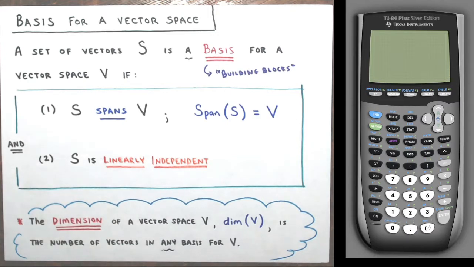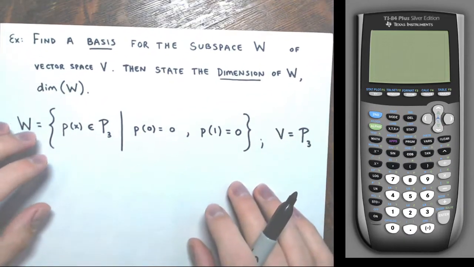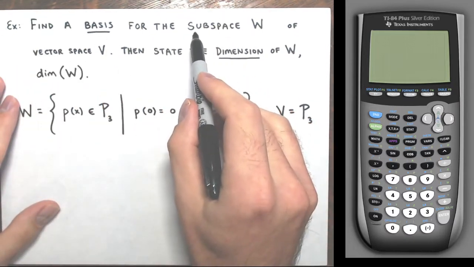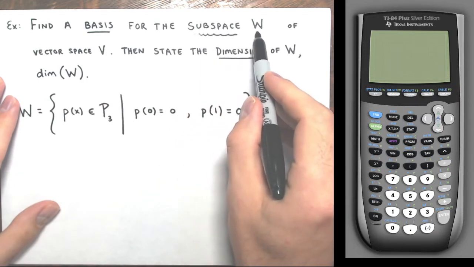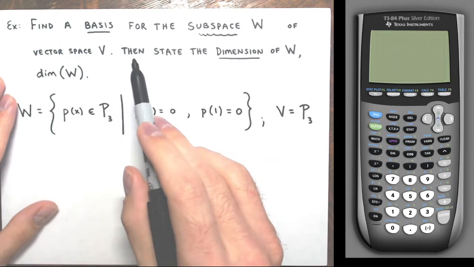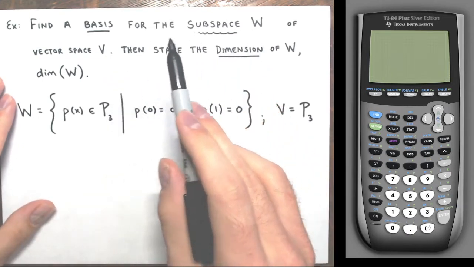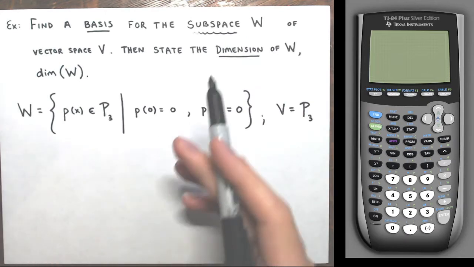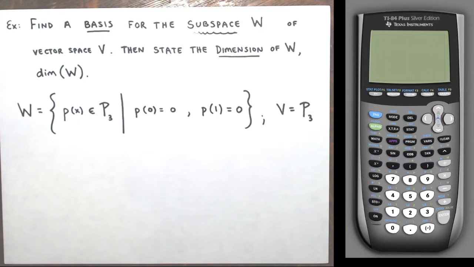Just recall that a subspace of a vector space is also a vector space itself. So for the rest of the video, we'll be given a set that is a subspace. It is told to us that we have a subspace called W of vector space V. That just means that W is a subset of V, but W also satisfies all 10 vector space axioms, so W is a vector space itself.